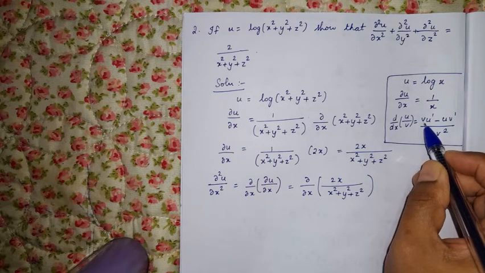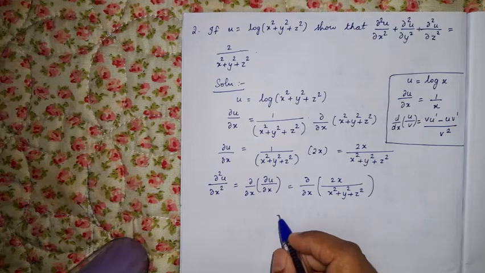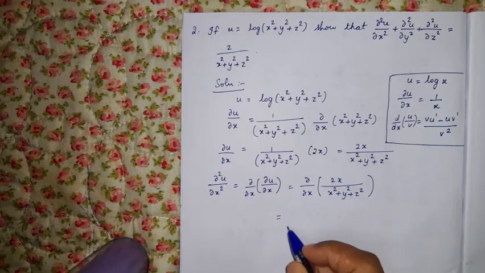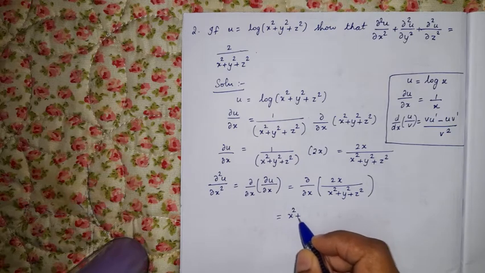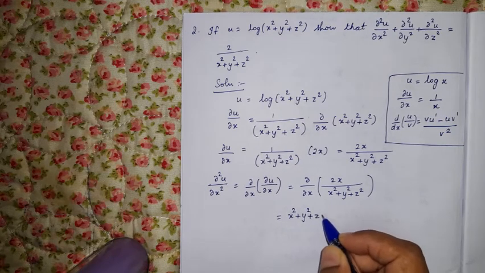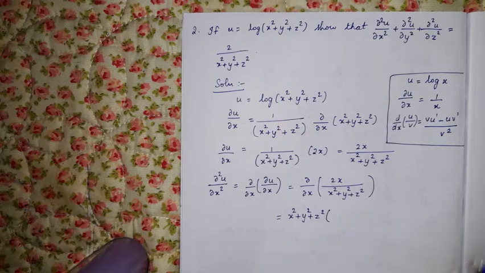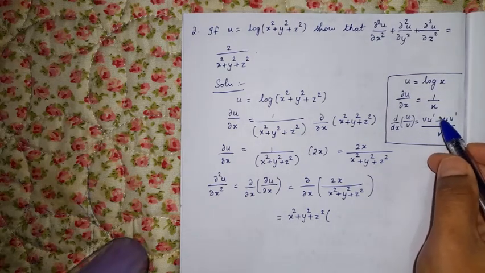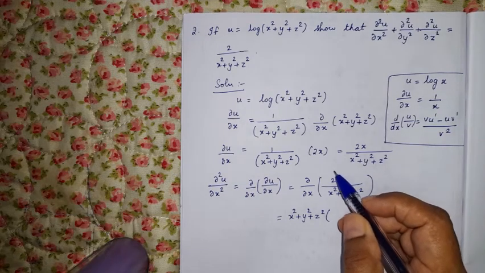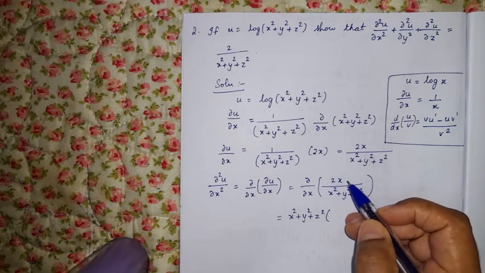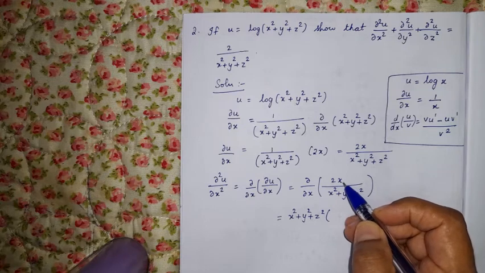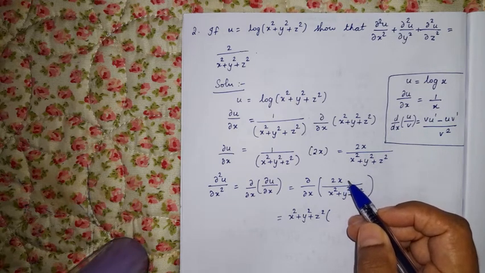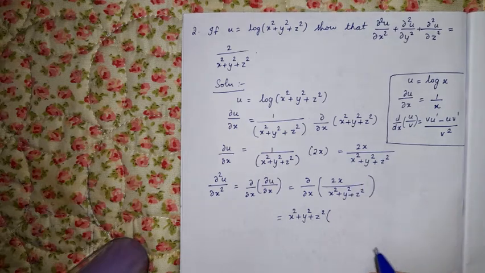Now the formula for this is v into u'. Instead of v we have this term, the denominator. So v into u'. What is u'? u' is du/dx. It means you have to differentiate the numerator with respect to x. So what is the differentiation of 2x with respect to x? That is 2.